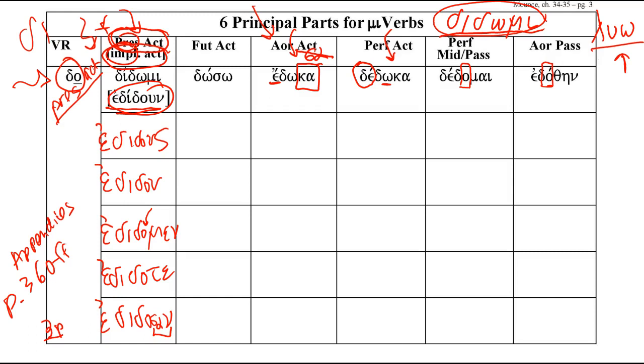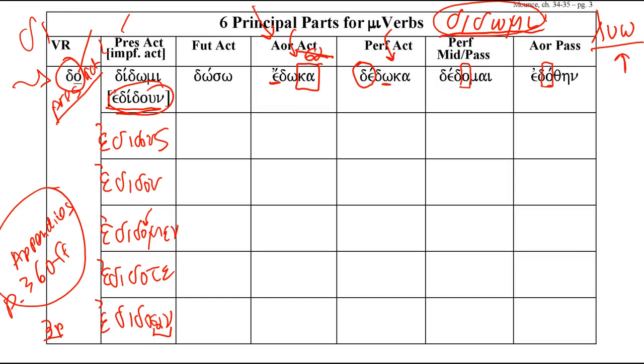But after doing the present and the imperfect active forms, also work through yourself the present middle passive and imperfect middle passive forms, noting what happens to the vowel when you add the case endings: μαι, σαι, ται, μεθα, σθε, νται for the present, and μην, σο, το, μεθα, σθε, ντο for the imperfect. Check your appendices, look at the chart, just walk through it and see.